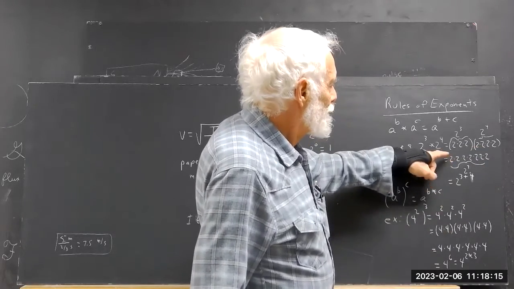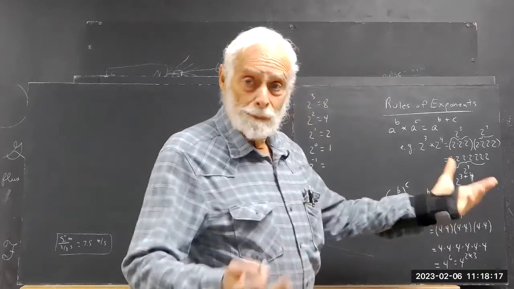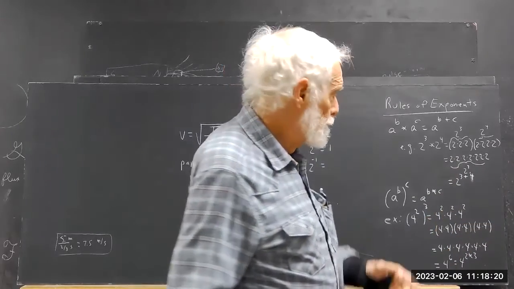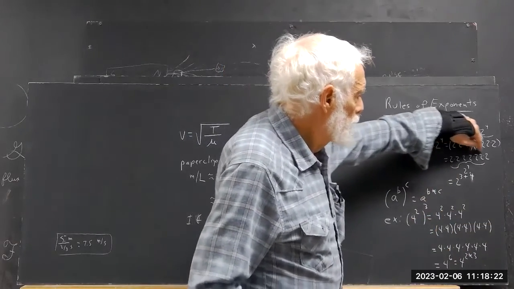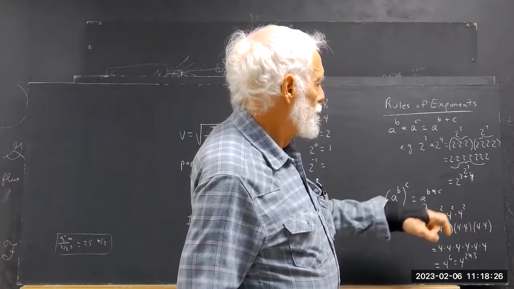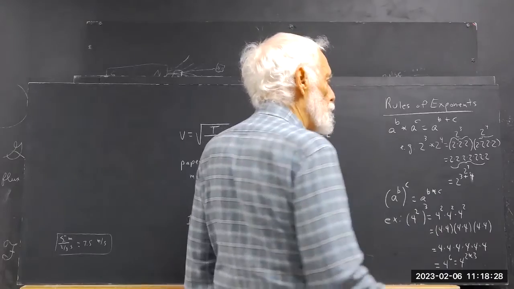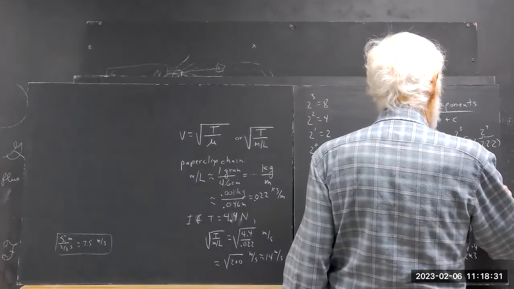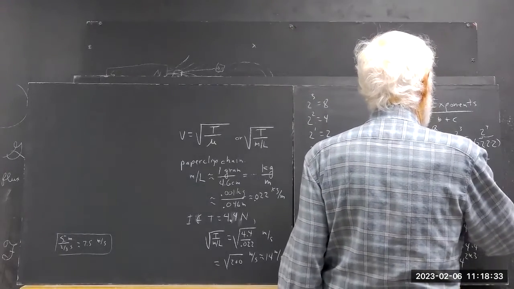Well, if you remove the parentheses by commutative and associative laws, you get a string of seven 2s. So what you got is 2 to the 7th, which is 2 to the 3 plus 4. And of course, that equals 2 to the 7th.